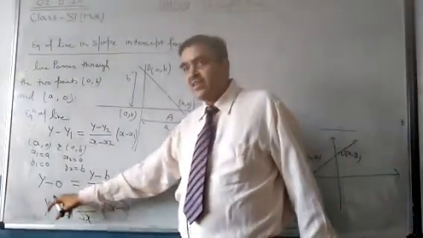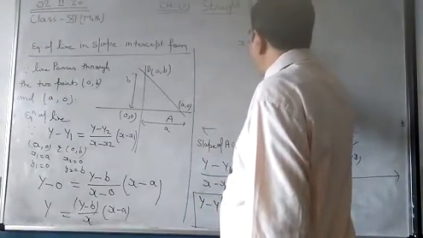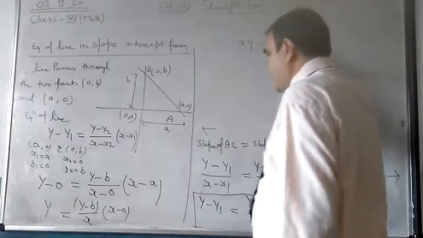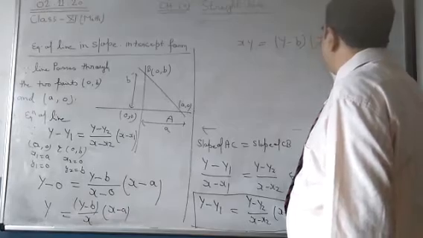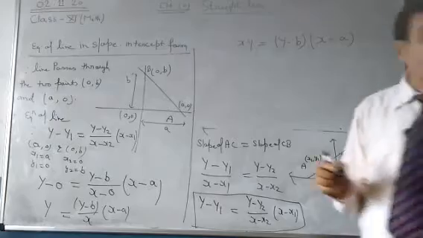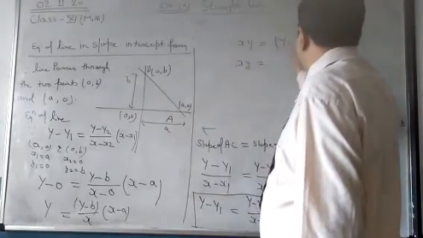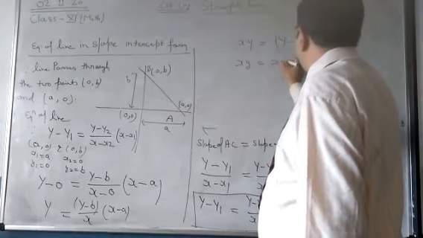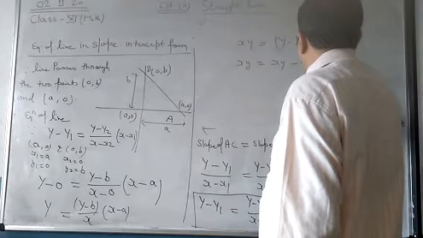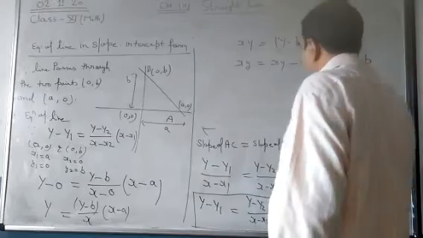By cross multiplication, xy equals (y minus b) into (x minus a). By multiplying, we have xy equals x into y minus a y minus bx plus ab.